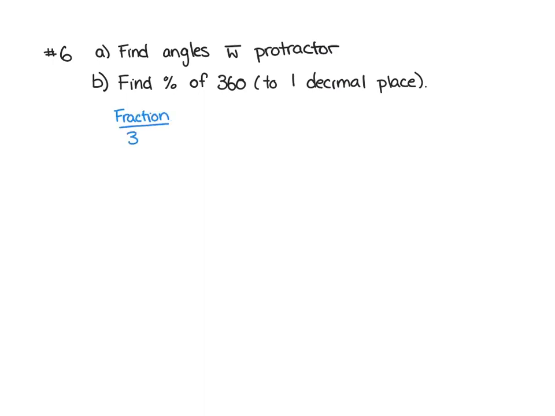That will be out of 360, so whatever your angle is out of 360. And then we will need to put it in lowest terms. And then you can turn it into a percent. So you can either do that by going from a fraction to a percent if you can get it to be out of 100, or you can turn it into a decimal and then into a percent. And they're asking you to round your percent to 1 decimal place, so just to the 10th place.